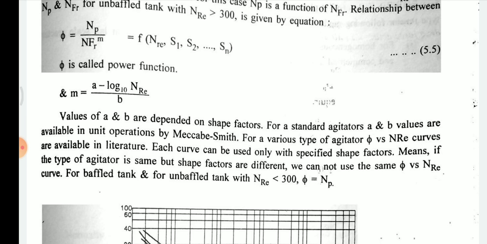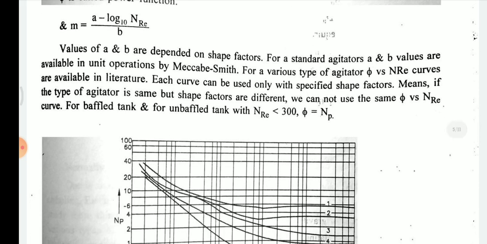For various types of agitator, phi versus Reynolds number curves are available in the literature. Each curve can be used only with the specified shape factor. It means if the type of agitator is the same but the shape factor is different, we cannot use the same phi versus Reynolds number curve.